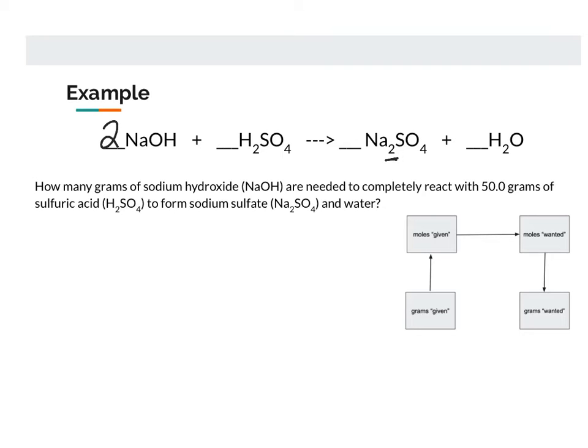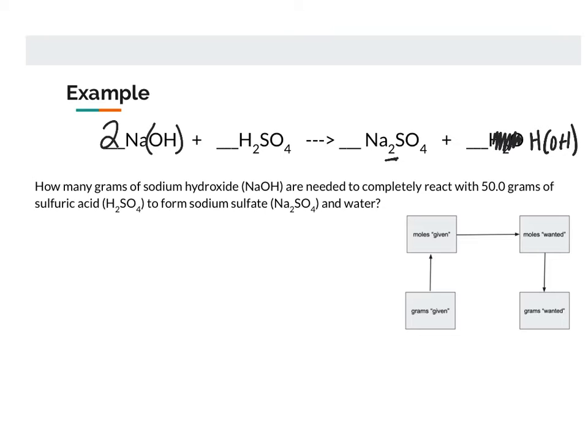Then it looks like I'm going to have 2 groups of OH. Remember, OH is one of those polyatomic ions. On the other side, you don't really see an OH. However, I know that H2O, I can think of as HOH, and that's going to help me balance it.